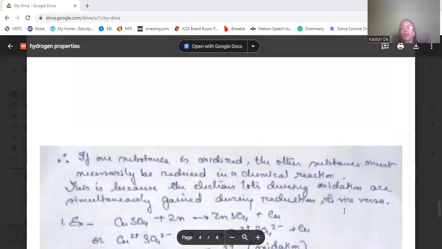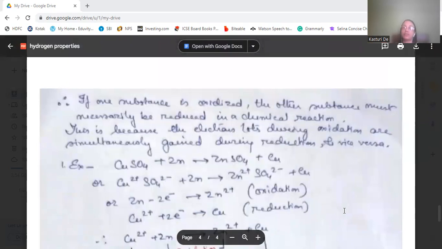Next, what is a redox reaction? If one substance is being oxidized, the other substance must get reduced, and simultaneously this will happen in the chemical reaction. So this is a redox reaction. Why does this happen? Because electrons lost during oxidation are simultaneously gained during reduction, and vice versa.